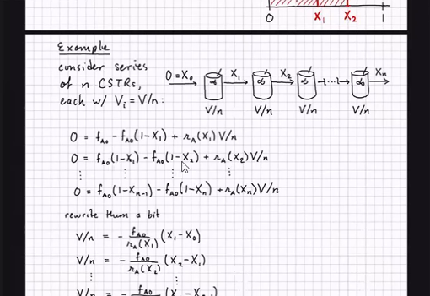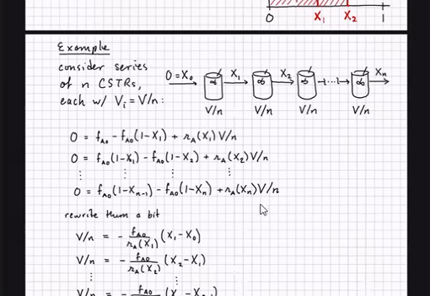Okay, we do that also for reactor 2, and all the way down until we get to reactor N. Here you have the flow rate of A coming into the nth reactor, flow rate of A leaving the nth reactor, and the rate of generation of A at the conditions of the nth reactor, all multiplied by V over N, because all of these things have that same volume.